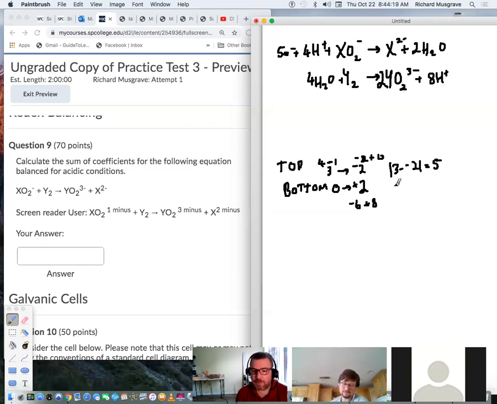And that would mean the difference there is 2 minus 0, which is 2. So we're adding 2 electrons to the side with the higher charge, which is the right side in this case. There we go. Does anybody have any questions so far?